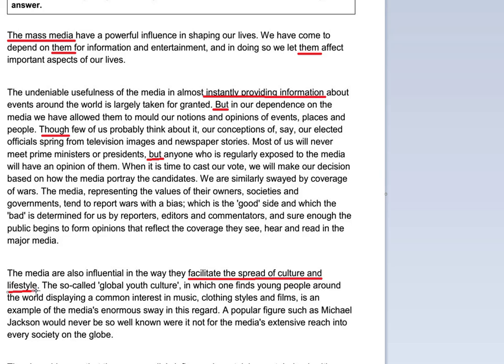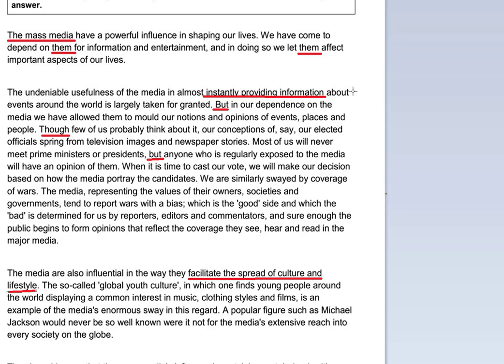But there's no clear signposting that the writer is going to give us 2 examples of how the media is useful. Instead of saying something like, the media is useful in 2 different ways. Firstly, they instantly provide information. So we have a pro and a pro, but the rest of this paragraph is about negatives.